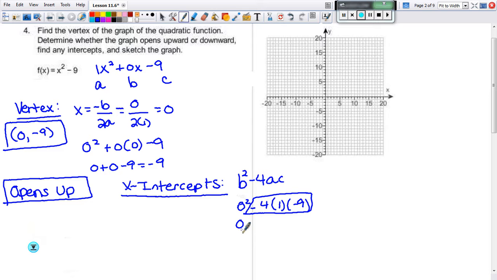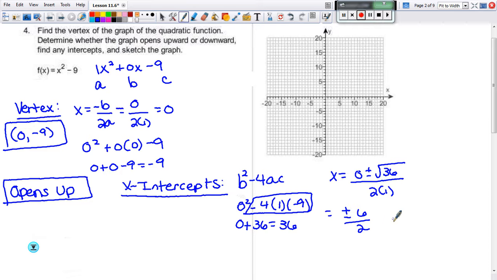So a negative times a negative is positive, and 4 times 1 times 9 is 36. So my discriminant is 36, so the x-intercept does exist. So now I use x equals the opposite of b, 0, plus or minus the square root of the discriminant, which we said was 36, over 2 times 1. So that 0 just doesn't exist anymore. We have plus or minus 6 over 2.